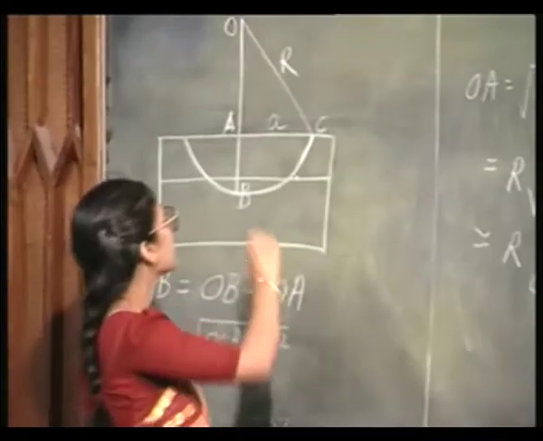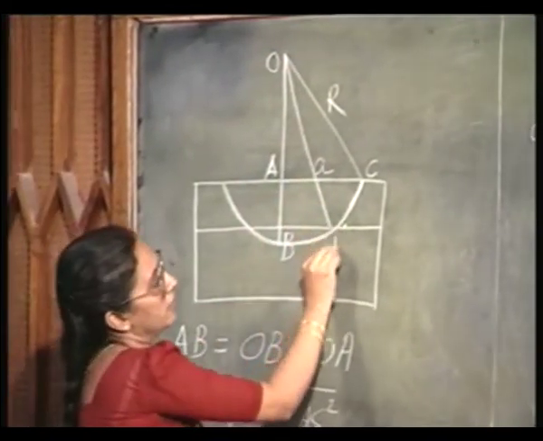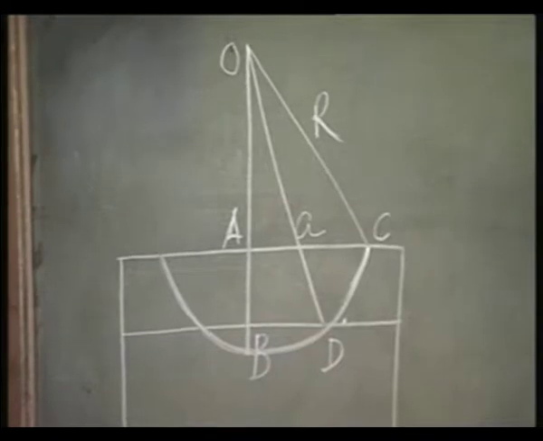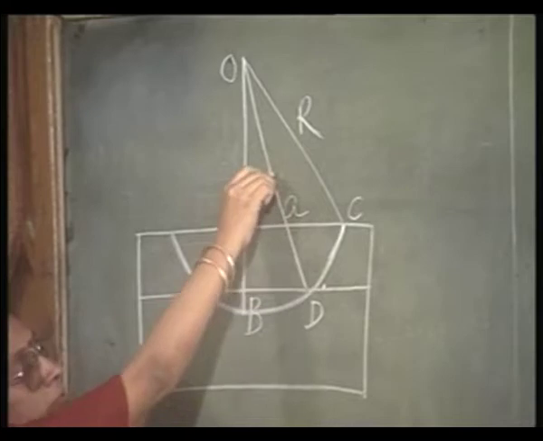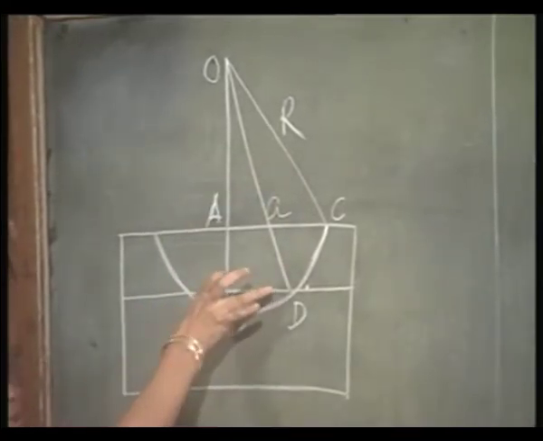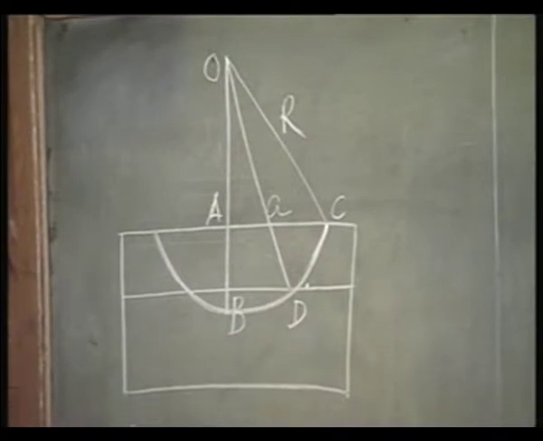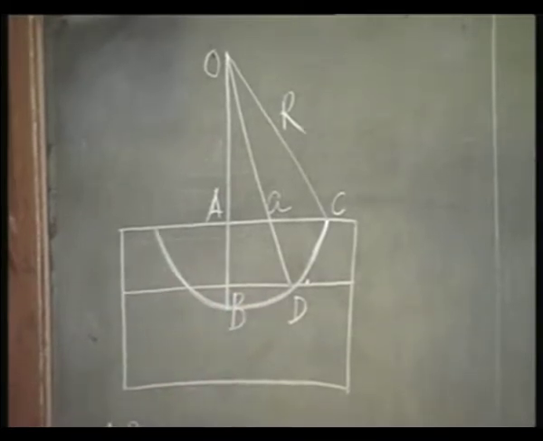Similarly, OB can be given as square root of R square minus BD whole square in the triangle OBD. Is it?